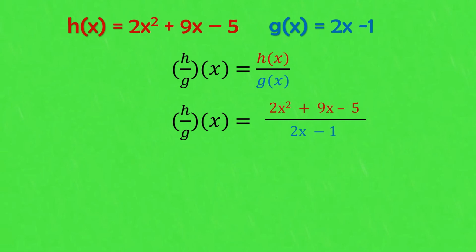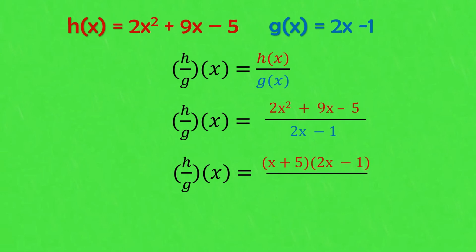We try to look into if the functions can be factored out. You can also recall factoring algebraic expressions in your junior high school. So, h divided by g of x equals quantity x plus 5 times quantity 2x minus 1 all over 2x minus 1. We can cancel out 2x minus 1 since it is found in both numerator and denominator.